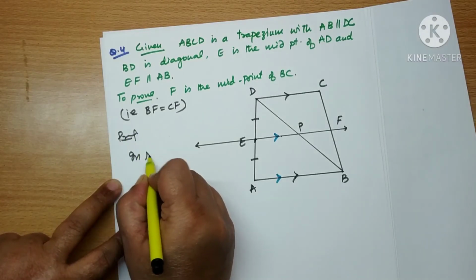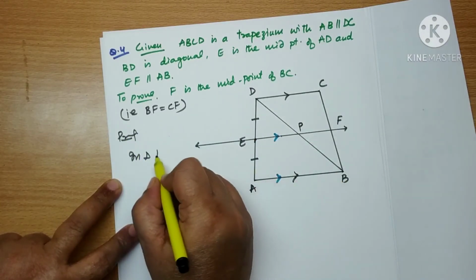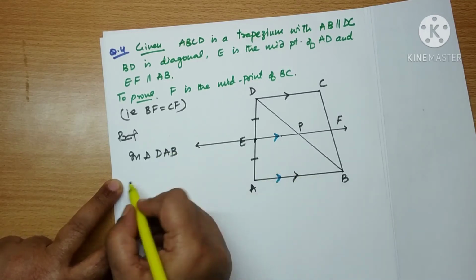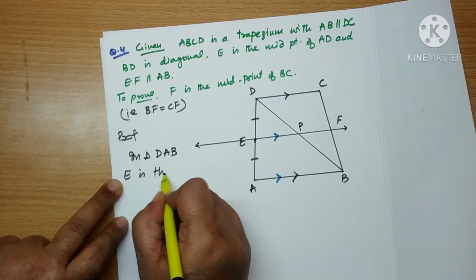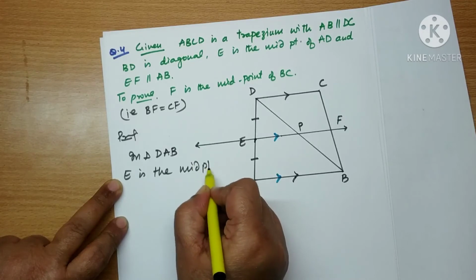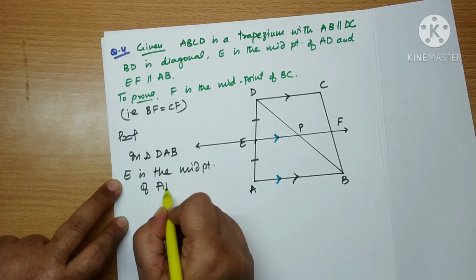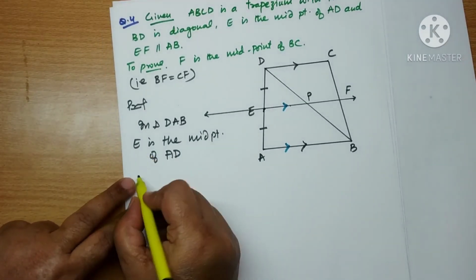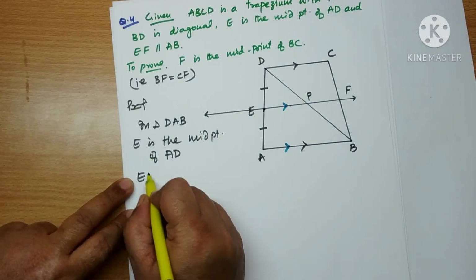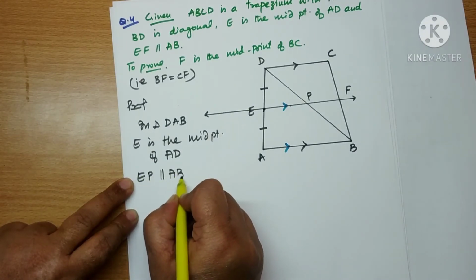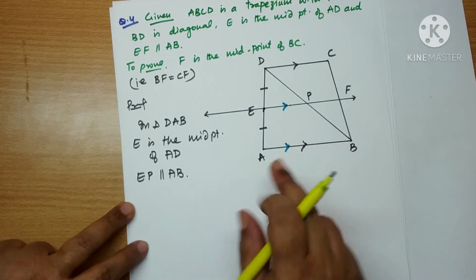In triangle, let's take this triangle DAB. We have E is the midpoint of AD, right? And we have EP parallel to AB. The sides are parallel.